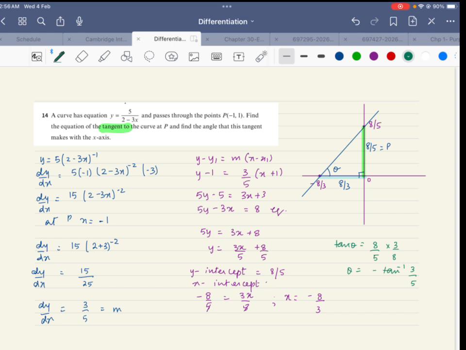When you find the angle, it turns out to be 30.96. Theta equals 30.96. This is the angle that it's making with the x-axis, and the theta that you will get here is negative if you place this negative sign over here.